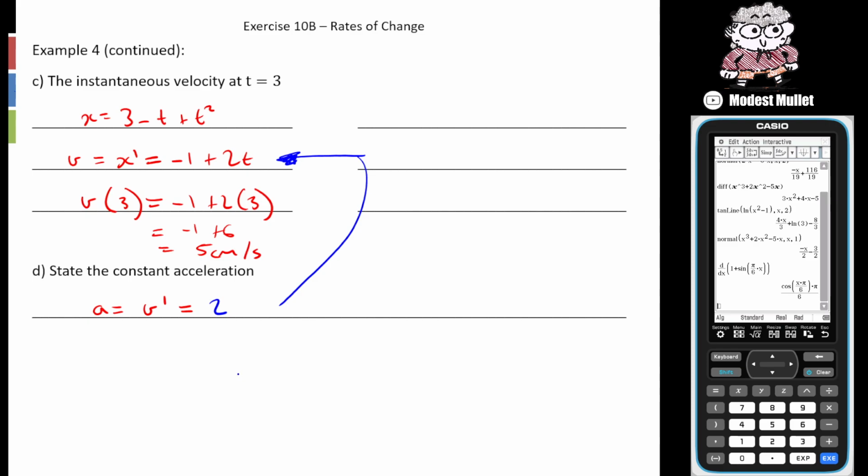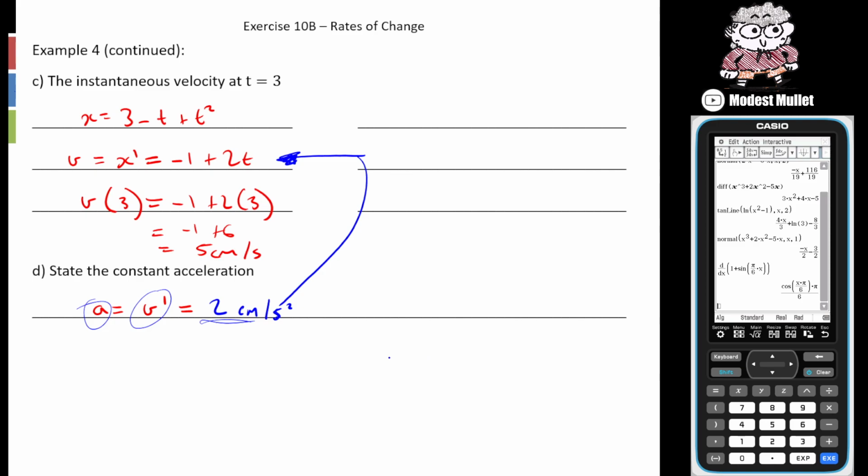So our change in velocity, our acceleration, v dash, happens to always be 2. Doesn't matter what the t value is, t has disappeared. We know that it's always 2. And the units for this are centimeters per second squared. People doing physics, you'll be happy with that.